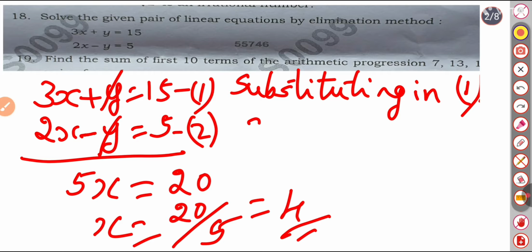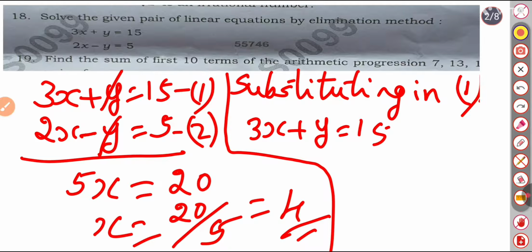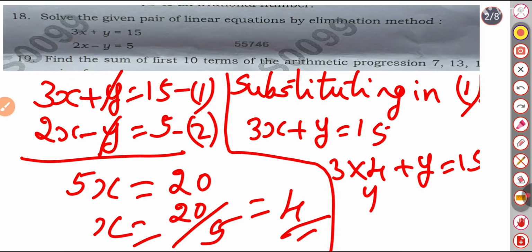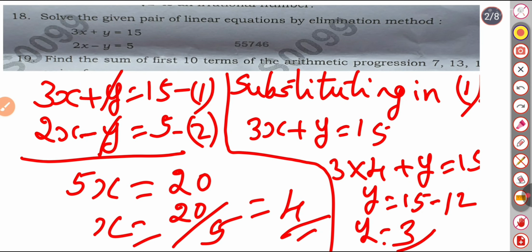See, what is it? 3x plus y is equal to 15. So 3 into x, which is 4, plus y is equal to 15. 3 4s are 12, that is minus 12 if you take that side. So y is equal to 3 is the answer.